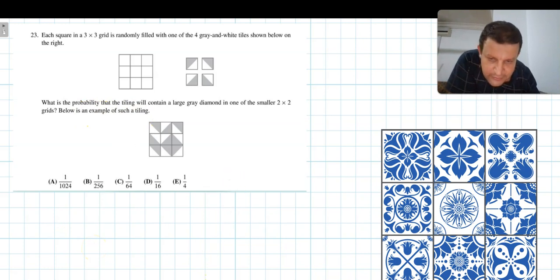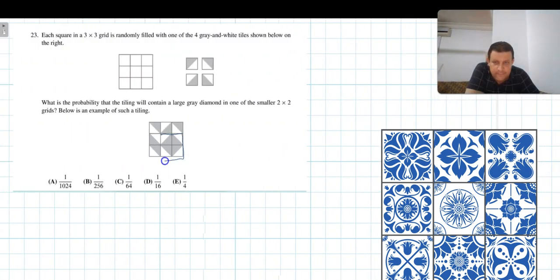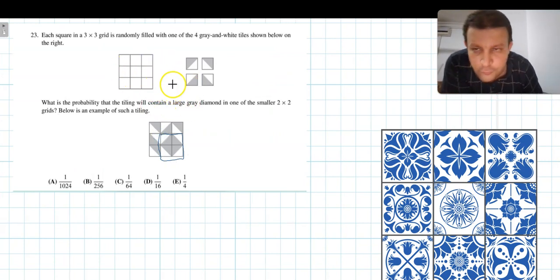Okay, so what is the example? As you can see, what is the probability of having this one on here? So there are 4 possibilities.